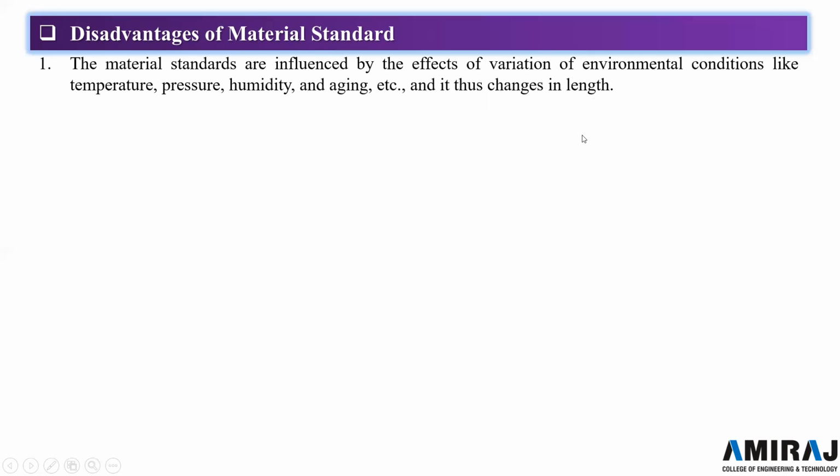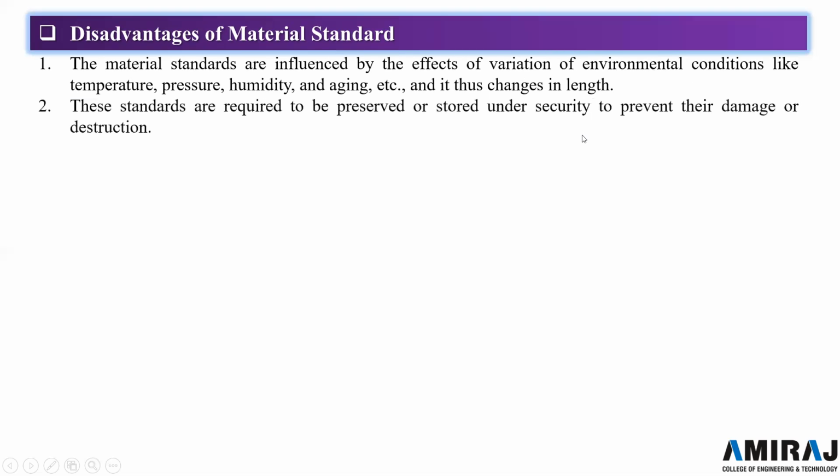They are made of certain materials, so there will be an effect of environmental conditions. Another disadvantage is that these standards must be preserved or stored under security to prevent damage or destruction. As they are physical standards, they must be maintained very safely.